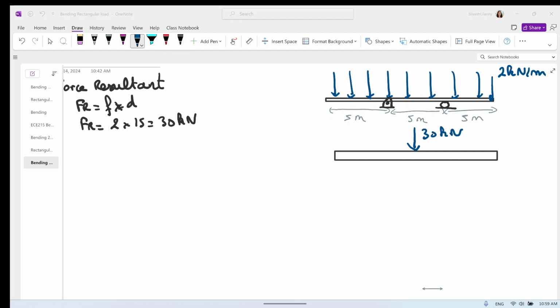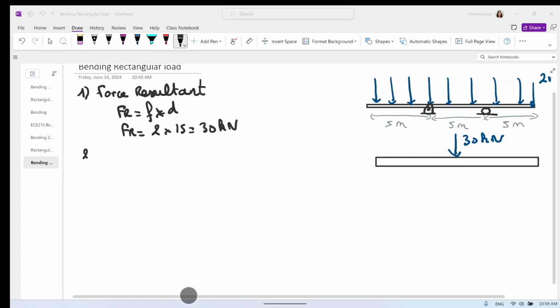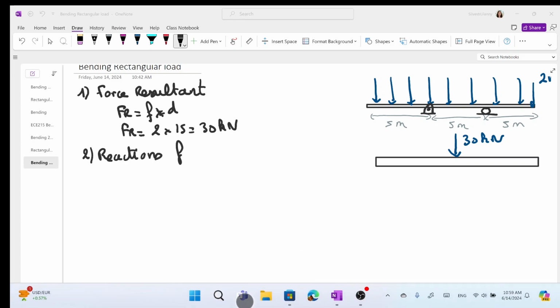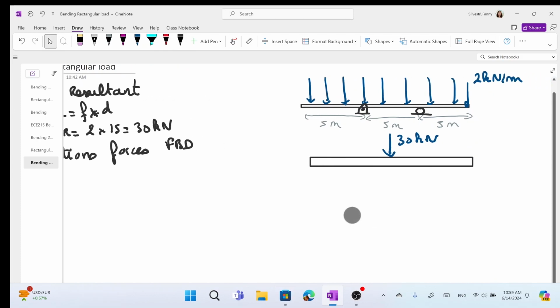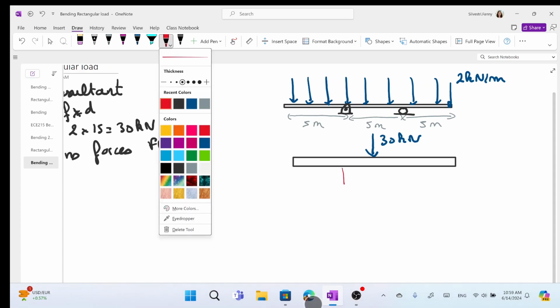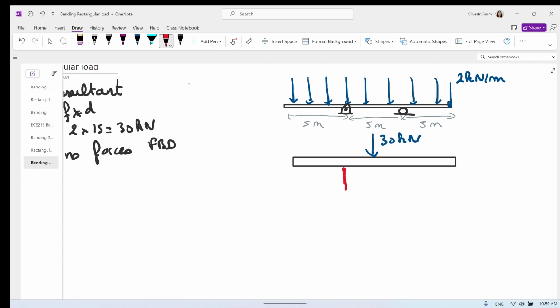And the second step will be to find the reaction forces. For that, we need to do a free body diagram and equations of equilibrium. The force that we know is 30 kilonewton. The forces that we don't know will be AY and BY.